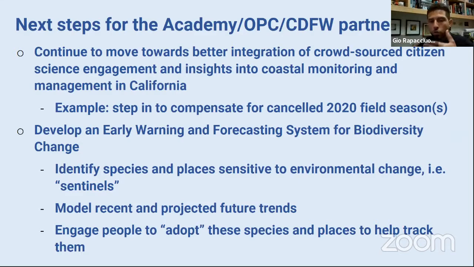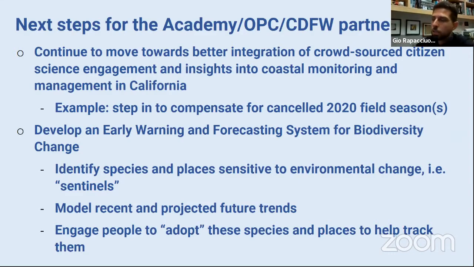We think these are two real strengths of the Snapshot CalCOAST community and iNaturalist data, is just really how rapidly they can provide information compared to other data sources and how broadly they can do so, the area they can cover.